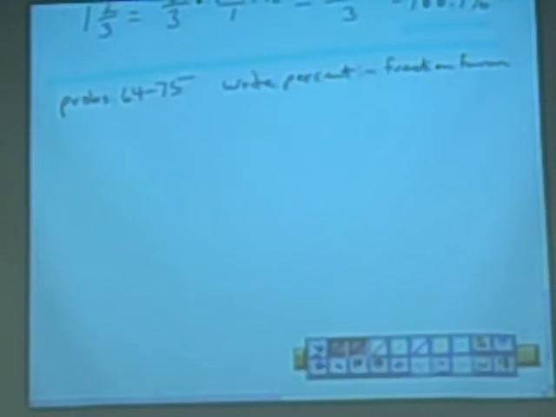So if we have 17 over 50, and we want to convert that to a percent, okay, what do we have to do? We got to multiply that times 100 over 1, and can we simplify that?